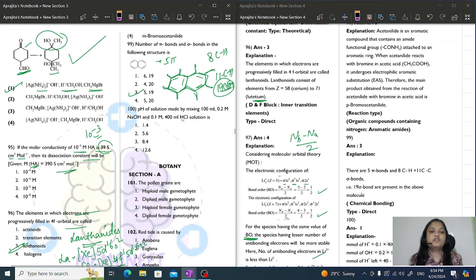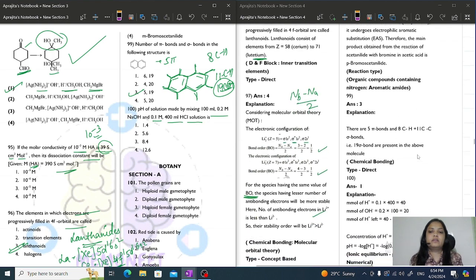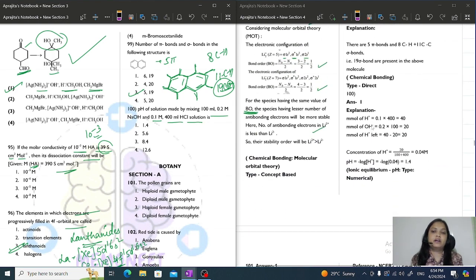Next is the pH of the solution made by mixing 100 ml of 0.2 molar NaOH and 400 ml of 0.1 molar HCl. We will find the number of millimoles of hydrogen and hydroxide ions, that is, the molarity into the volume.